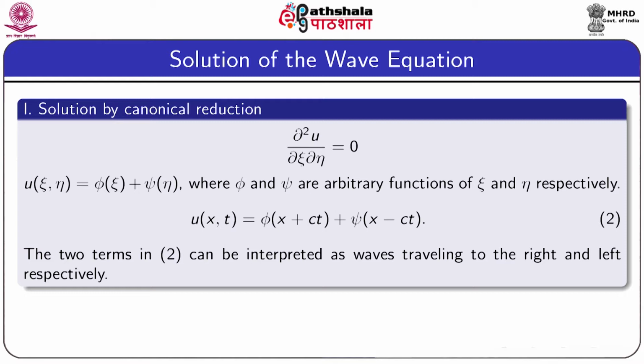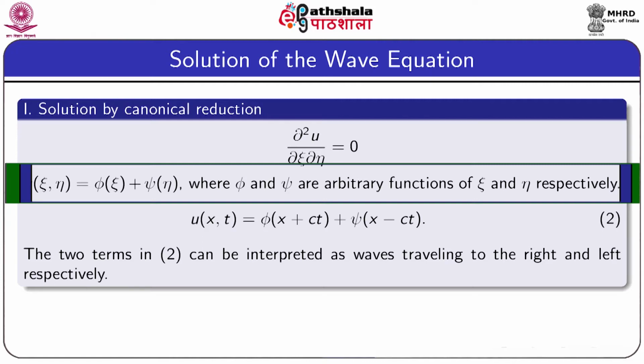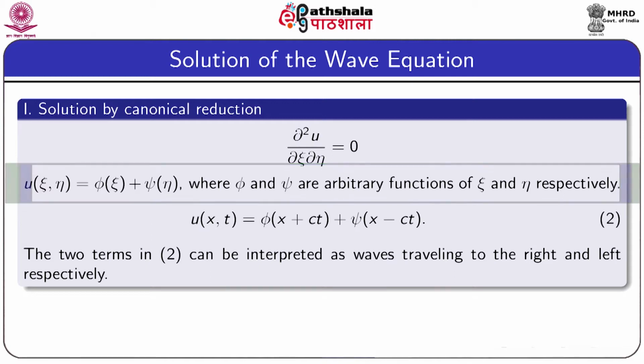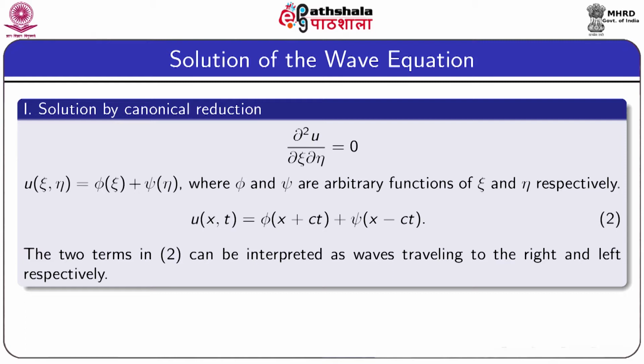and it is easy to find the solution of this equation. The general solution of this equation is u = φ(ξ) + ψ(η), where φ and ψ are arbitrary functions of ξ and η respectively.